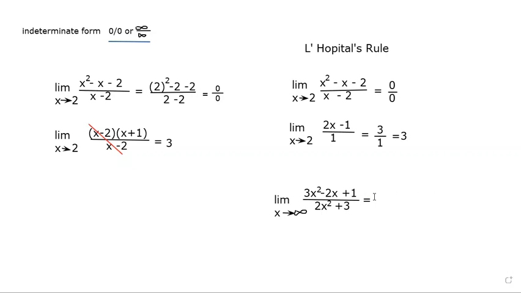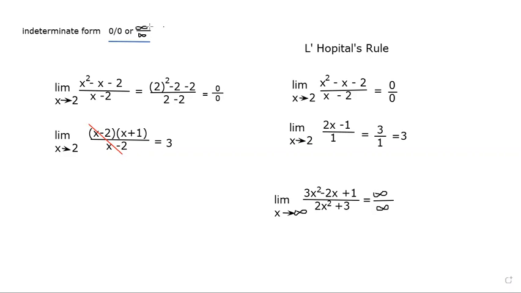Of course, we all know that would result in infinity in the numerator. And if we plugged in infinity in our denominator, we would also get infinity. So once again, this is indeterminate form.